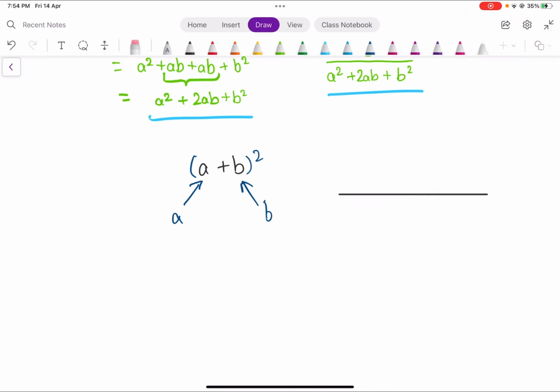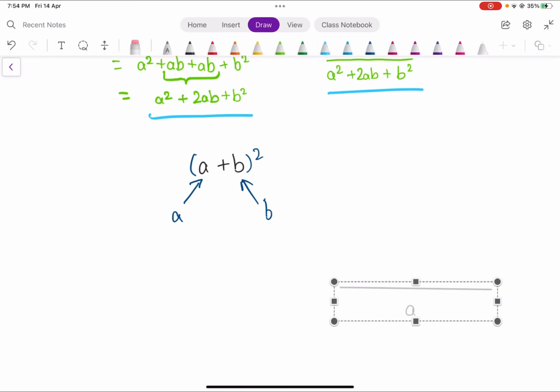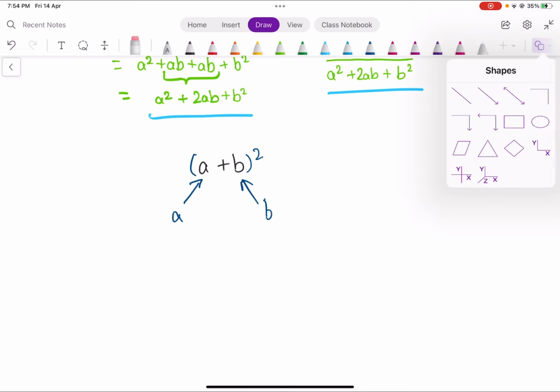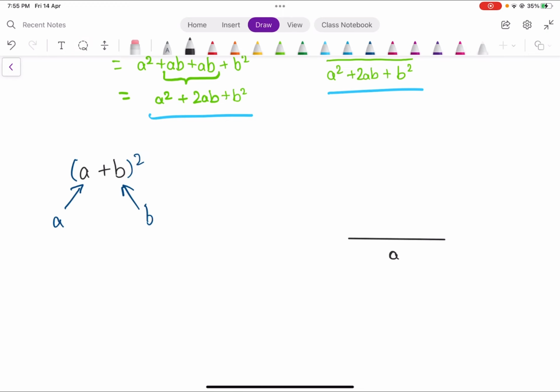Over here, I have a line, and this line over here is, let's call it A. Okay, so over here, this is A. Now, if I squared this, A squared, and I made this into a square, let's say this is A squared.